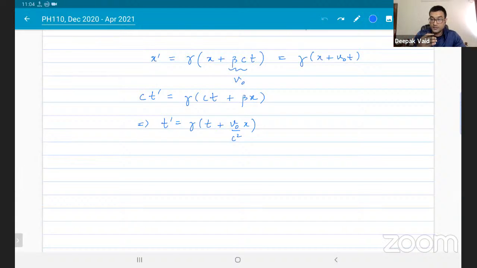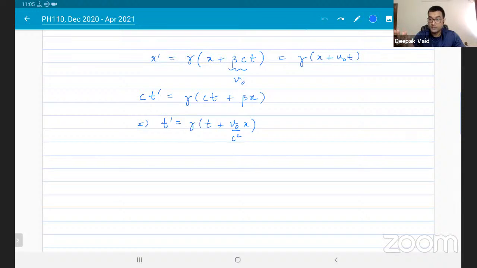If O prime is moving in the positive x direction with V naught with respect to O, then O is moving in the negative x direction with minus V naught with respect to O prime.